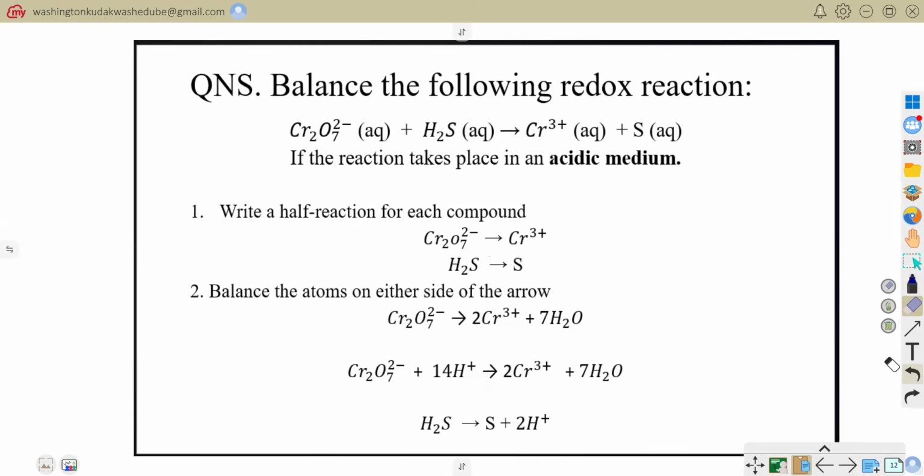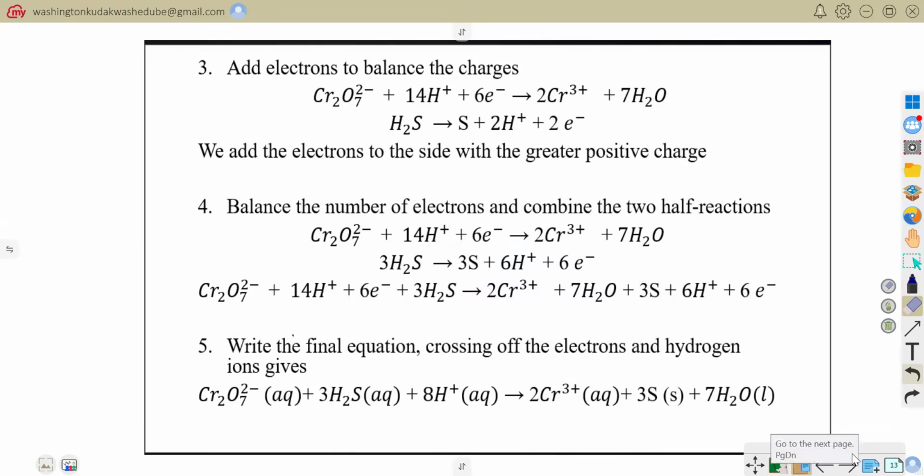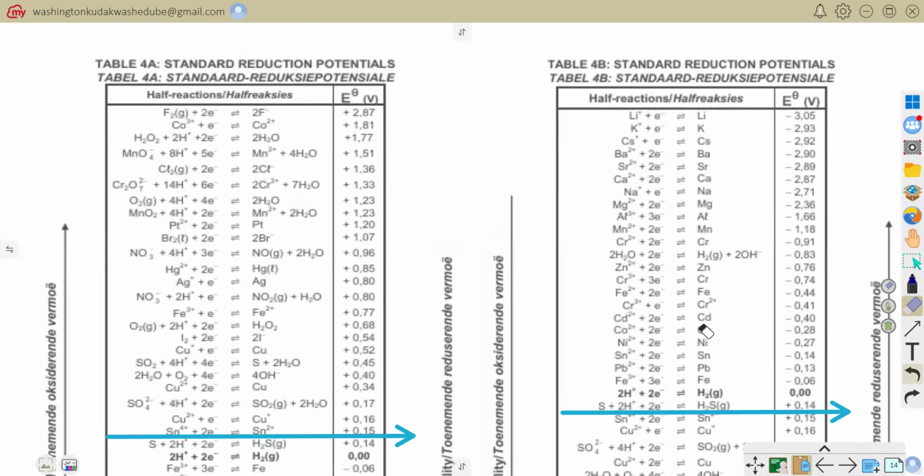However, they might state, use the standard reduction potentials to balance the redox reactions. This is when you pick either table 4A or table 4B.